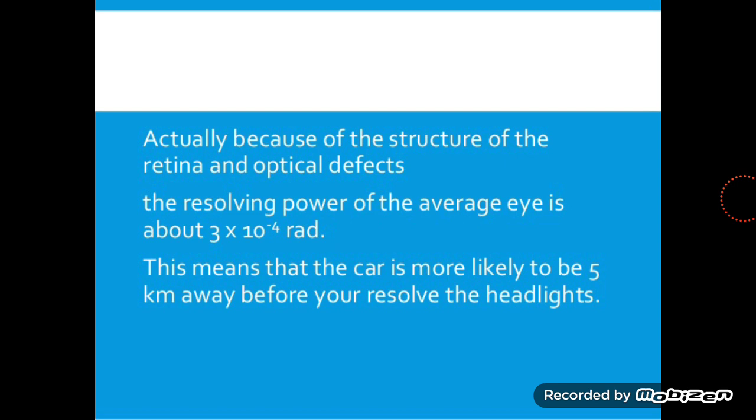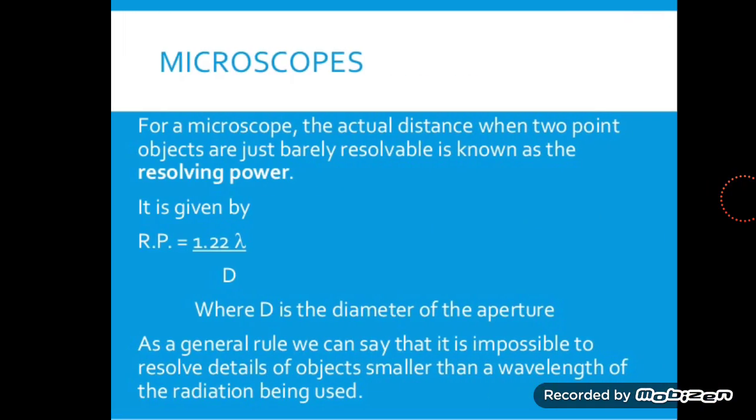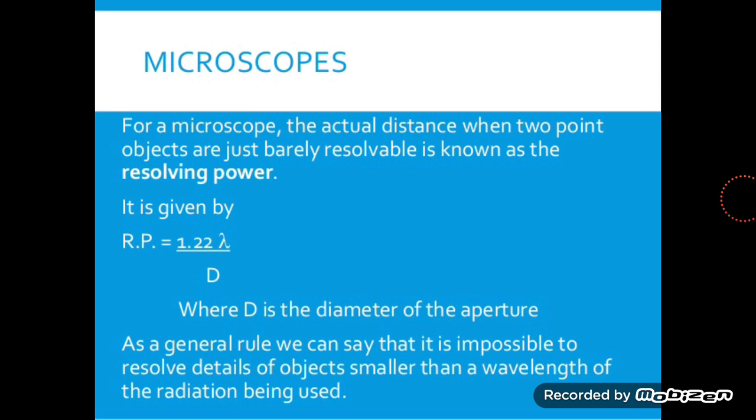This means that the car is more likely to be 5 km away before you resolve the headlights. This is one example of resolving power.